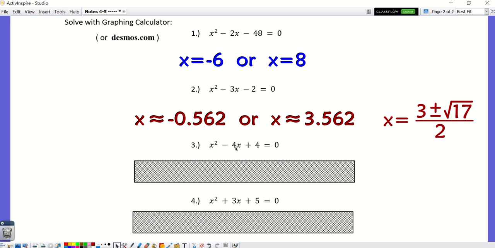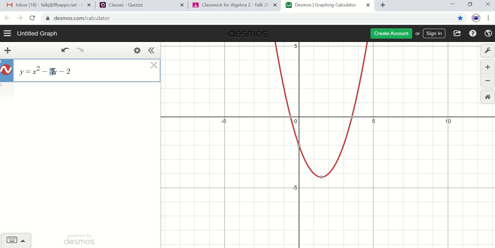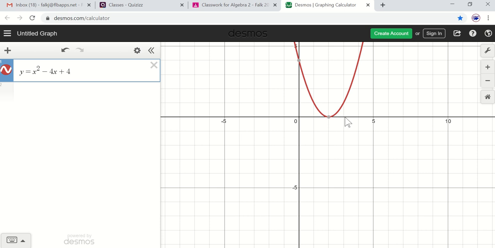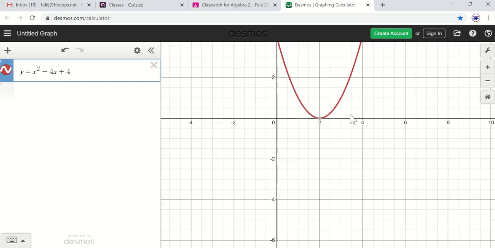This next example, x squared minus 4x plus 4 equals 0. Minus 4x plus 4. Oh, check this out. Look at this, gang. The parabola only has one x-intercept.